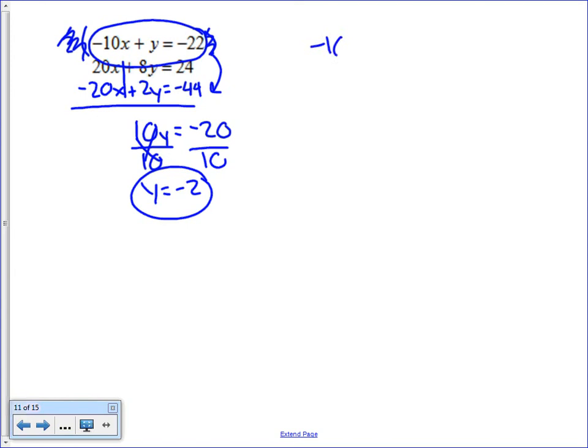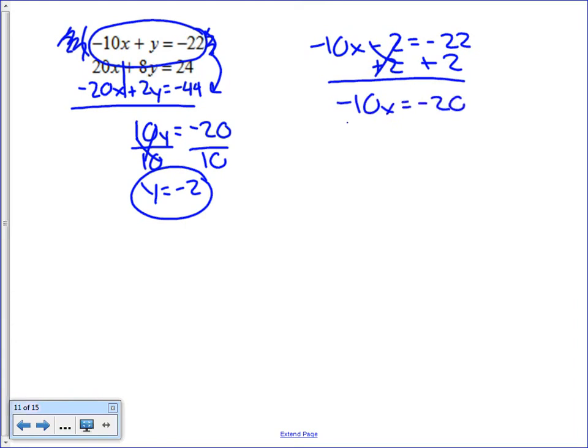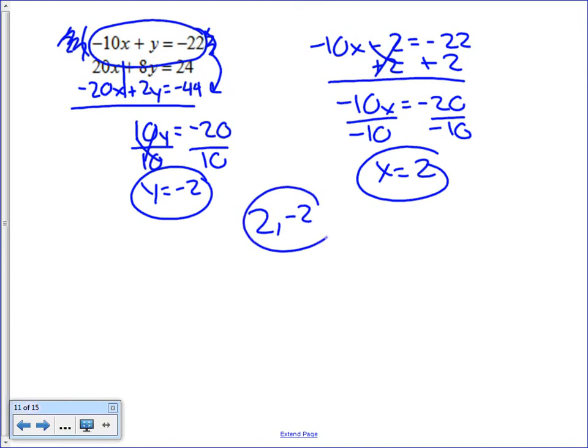So negative 10x plus a y, or minus 2, that'll equal a negative 22. Let's add 2 on both sides. I get negative 10x equals negative 20. And dividing by negative 10, I get that x equals a positive 2. So the point 2, negative 2, is my answer.